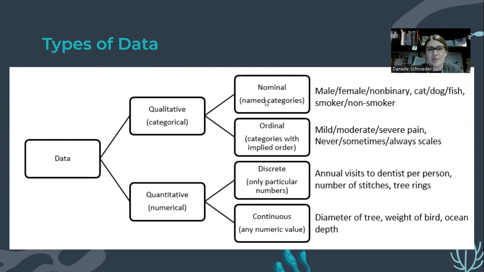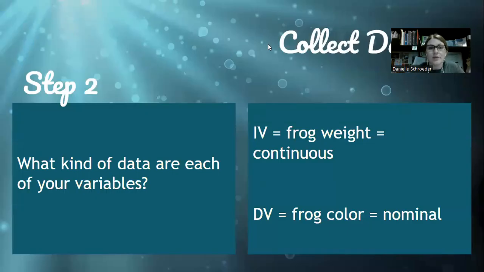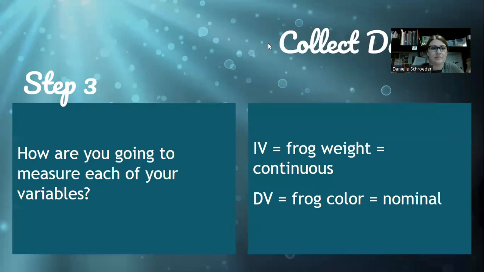It's a nominal type of data. I would encourage you, think about the variables you're measuring, the design criteria you're going to measure. What kinds of data are they? That's first. All right, so we have identified that frog weight is continuous and frog color is nominal.